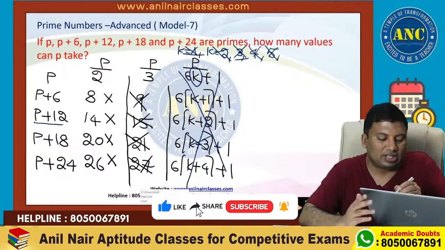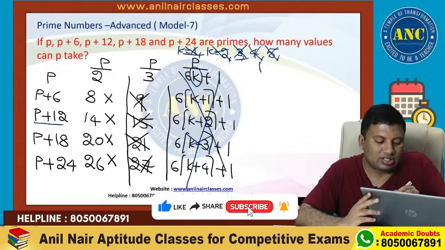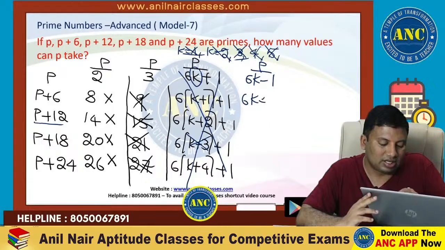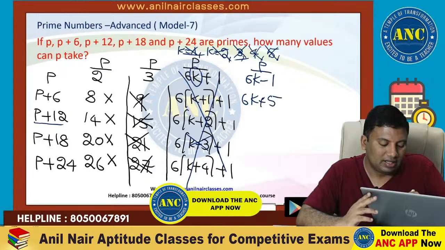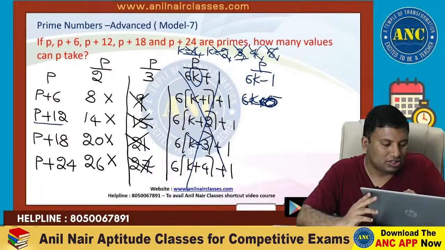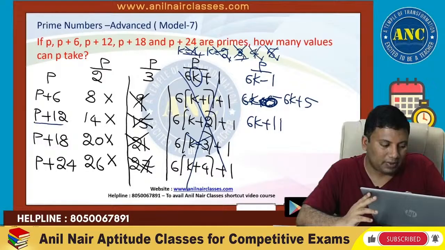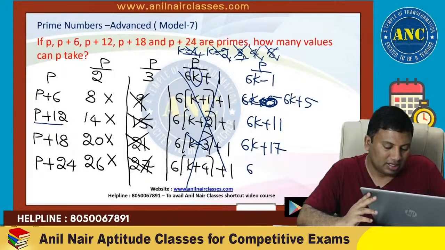Next, let us take 6k minus 1. If I take 6k minus 1, then 6k plus 5 is nothing but 6k minus 1 plus 6. It is nothing but 6k plus 11. This is nothing but 6k plus 17. This is nothing but 6k plus 23.